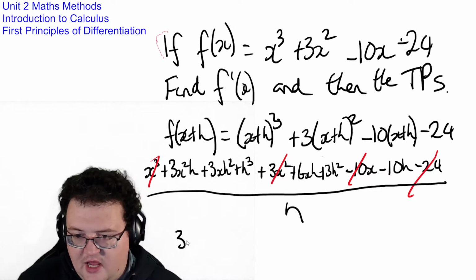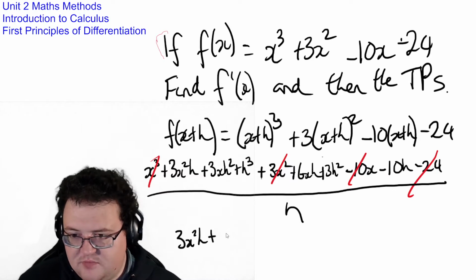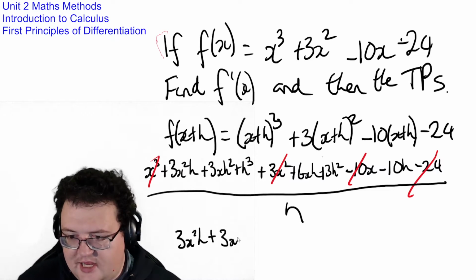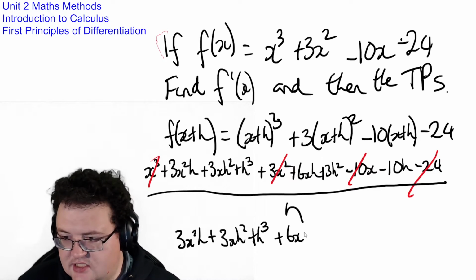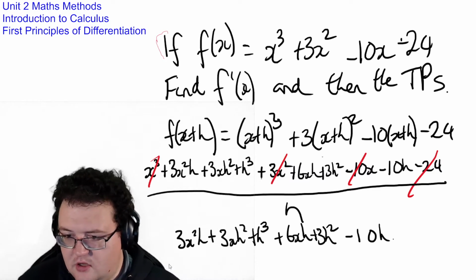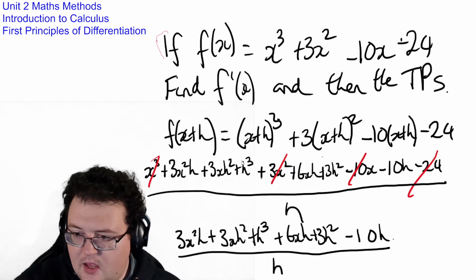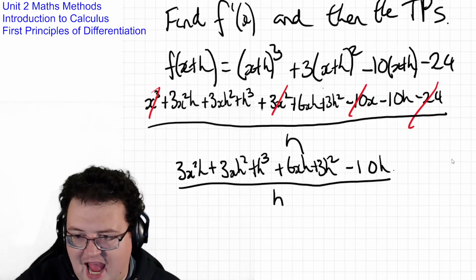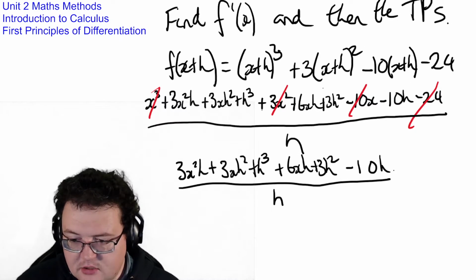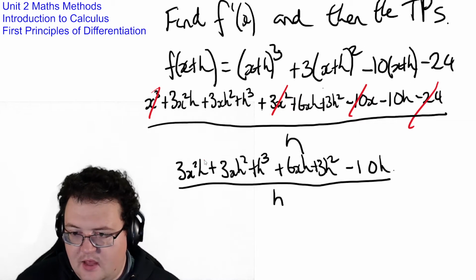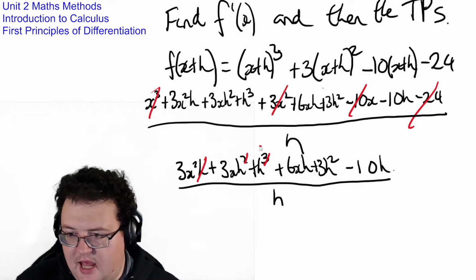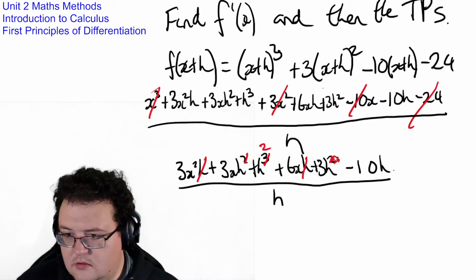So that means I've got a 3x squared h plus 3x h squared plus h cubed plus 6xh plus 3h squared minus 10h, all over h, of course. From there, I can factorize out the original h and start cancelling out.